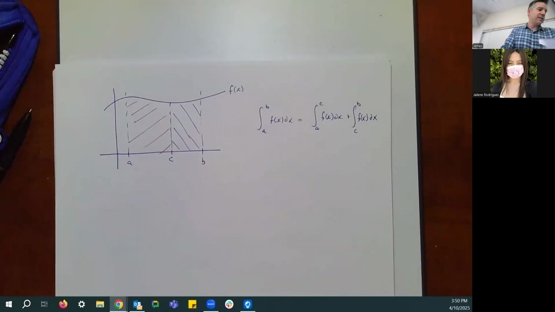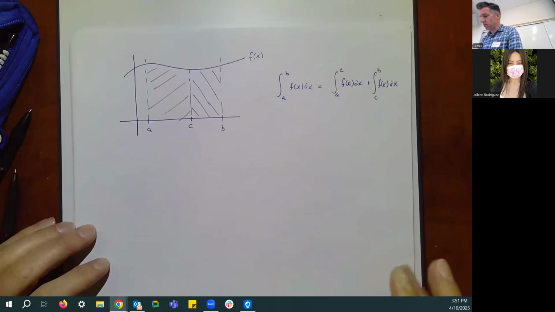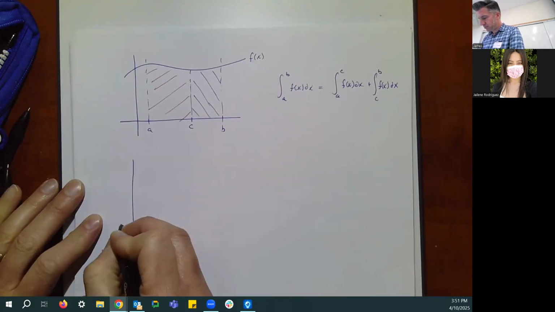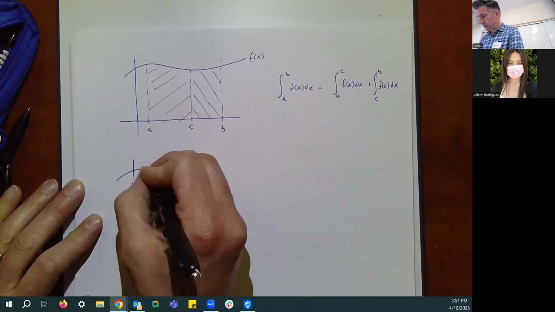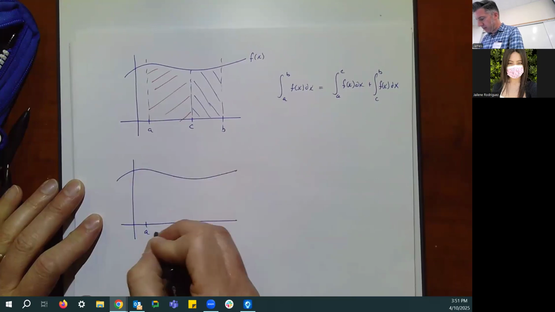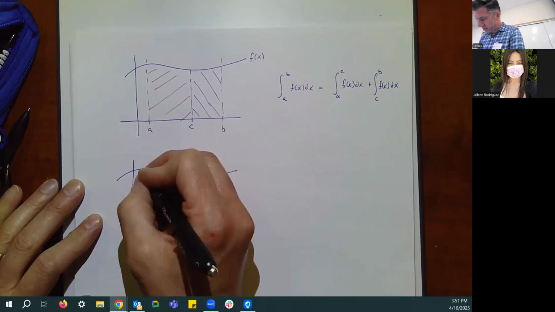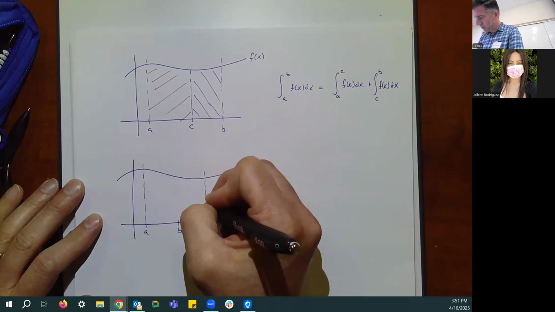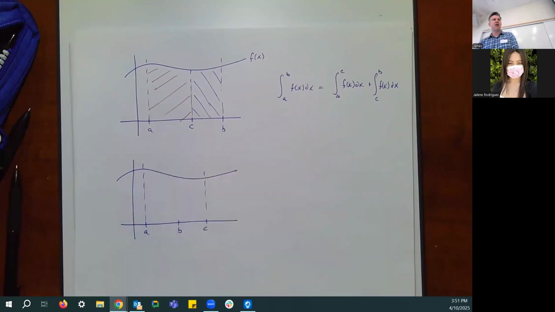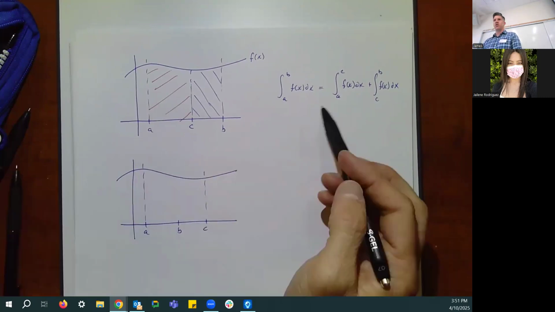What I think is certainly interesting is that C doesn't have to be between A and B. Let's see what I mean. I'm really just going to draw the same picture and put A and then B and then C. So I'm saying this is still true.